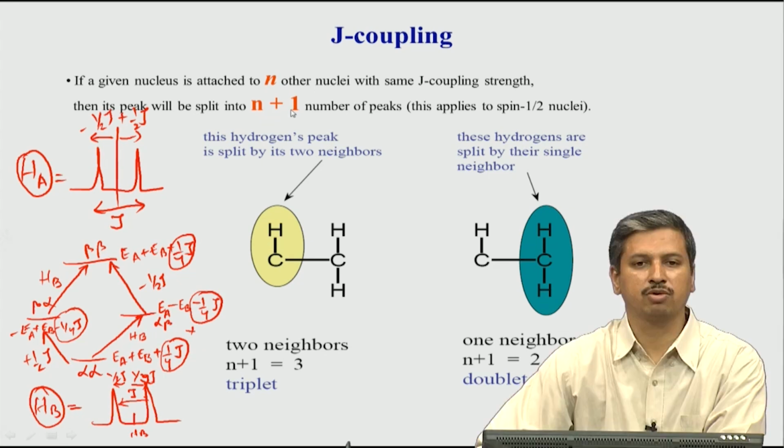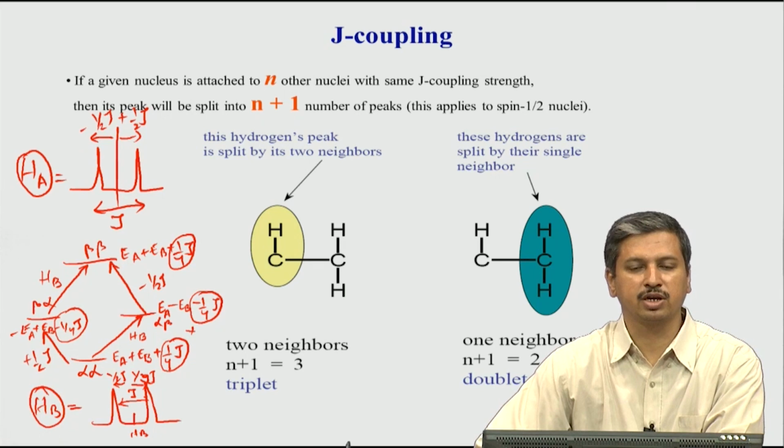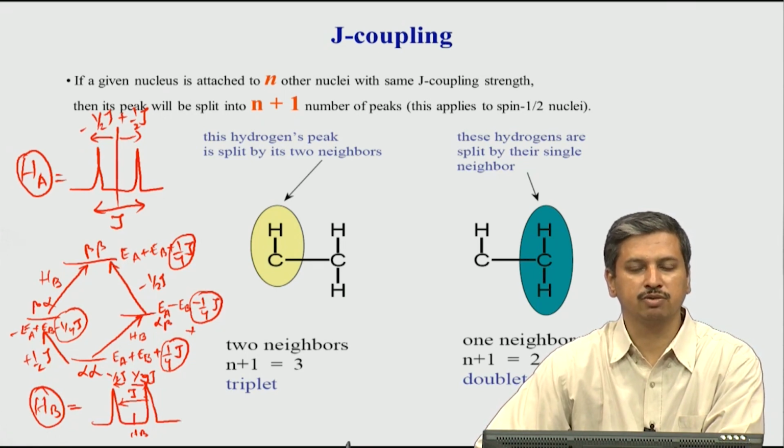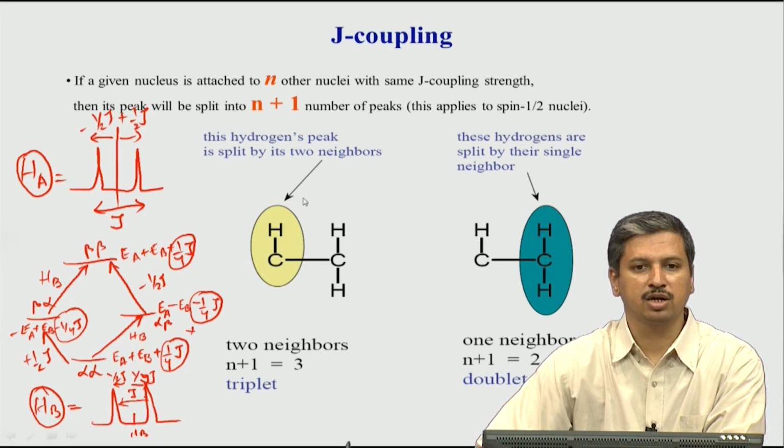This n+1 rule, remember, applies very specifically only to a particular case. And what is the condition which should be satisfied? It should be coupling to 2 different hydrogens with the same coupling value. These 2 different hydrogens need not be chemically equivalent, but the value of coupling of this hydrogen to this hydrogen and the value of coupling of this hydrogen to the other hydrogen should be the same.